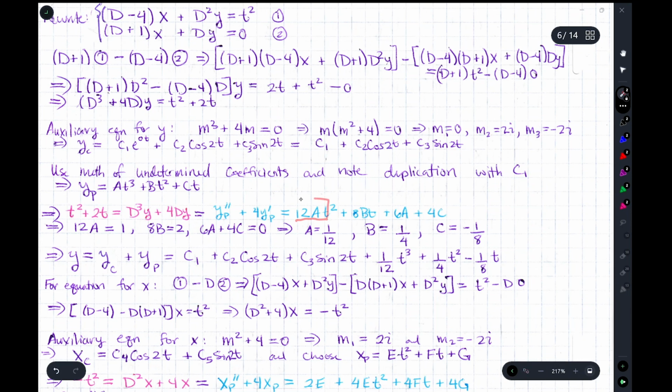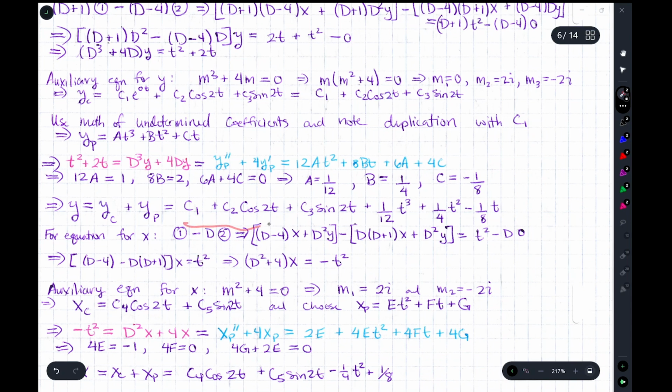Okay, so this 12a has to match the coefficient of the t squared. This 8b has to match the coefficient of this t. And finally, this constant term has to match the constant term here, which is actually just plus 0, right? And so we solve, we get A, B, C.